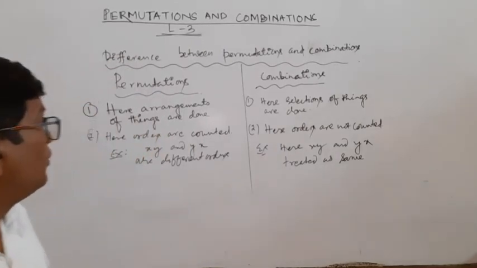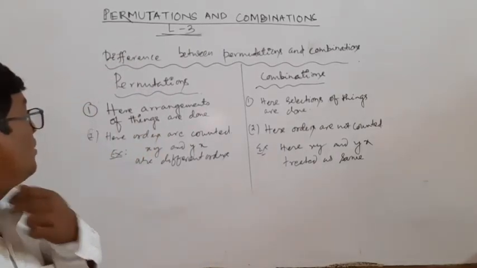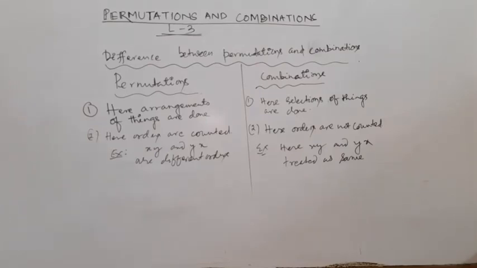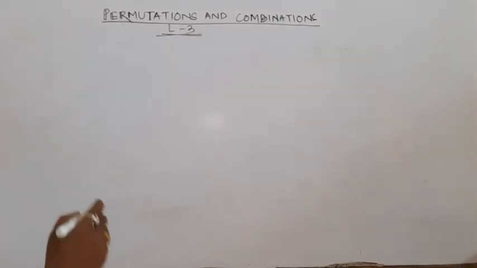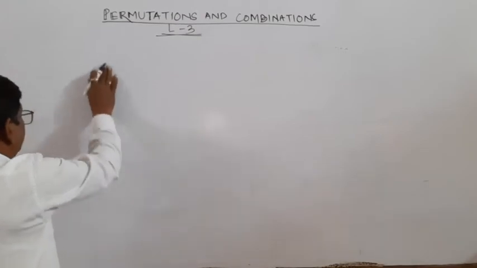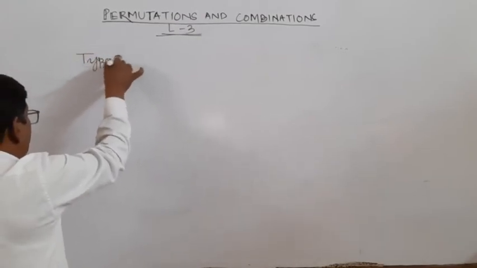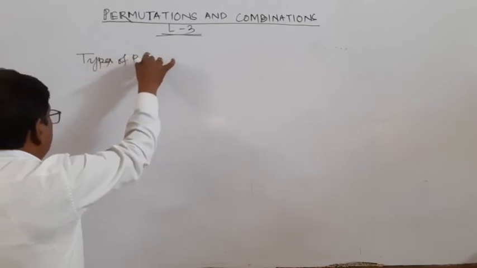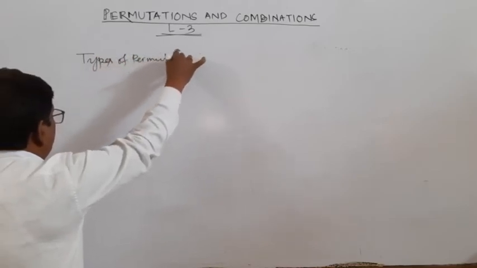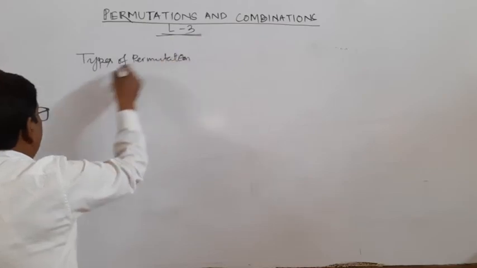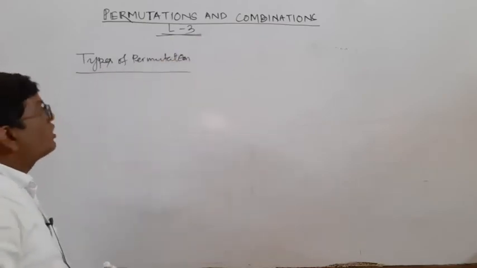Now, types of permutations. There are mainly two types of permutation.